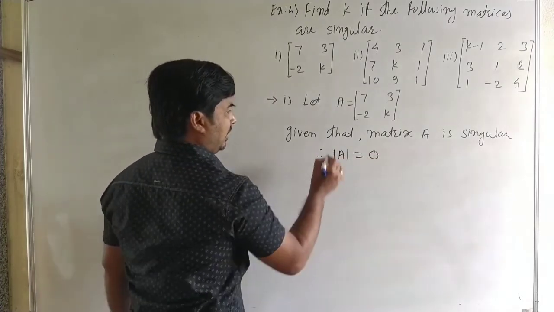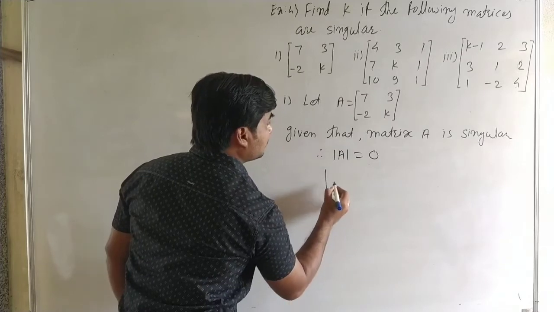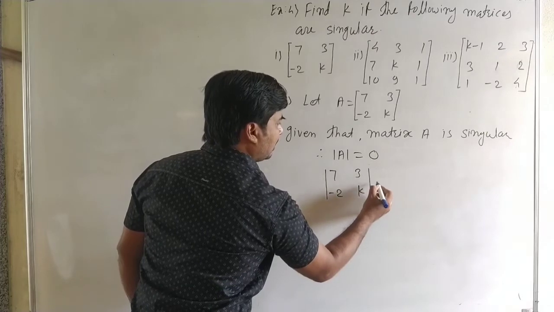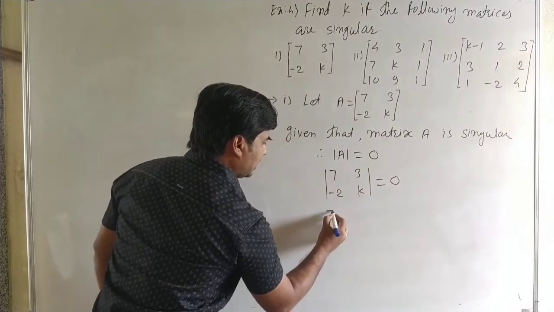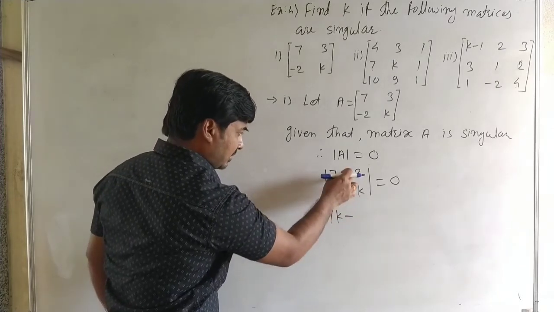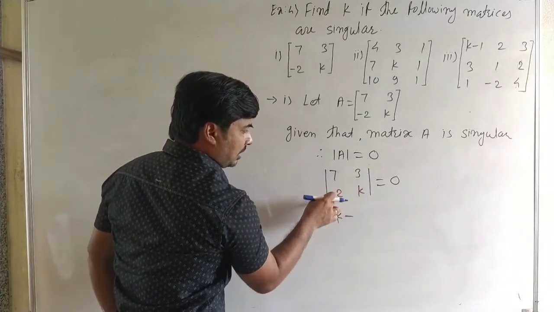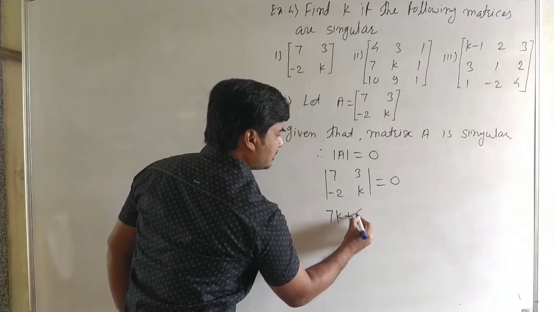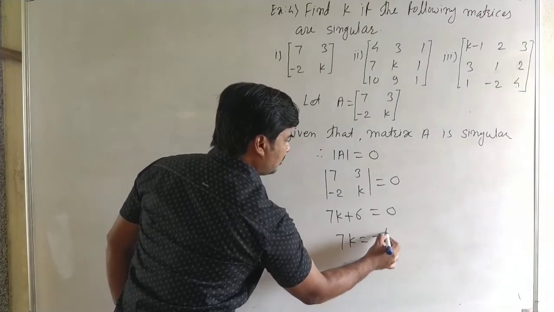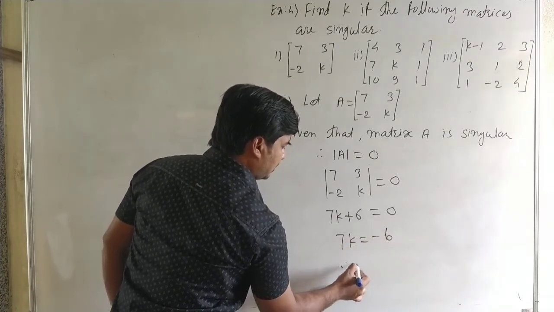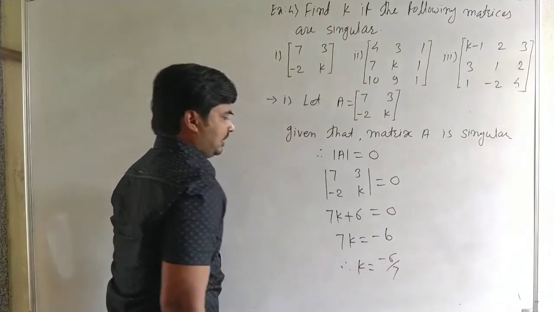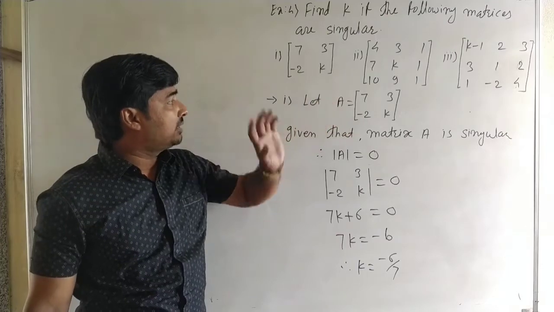The determinant is 7k minus the multiplication of these two terms, but the multiplication is again minus, so here it is a plus, equal to 0. Therefore 7k is equal to minus 6, and therefore k is equal to minus 6 by 7. It is the value of k if this matrix is a singular matrix.